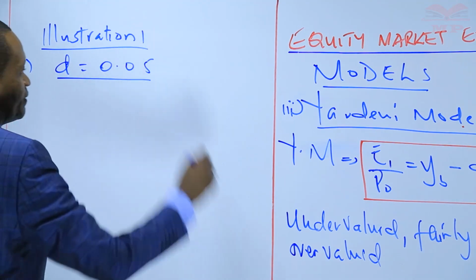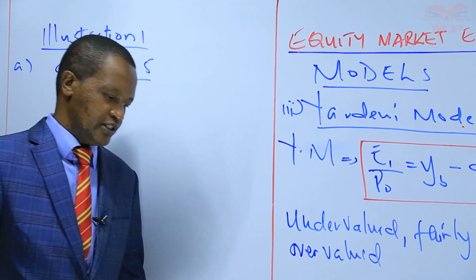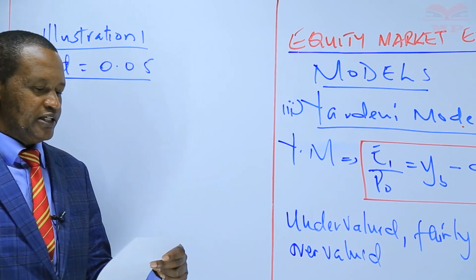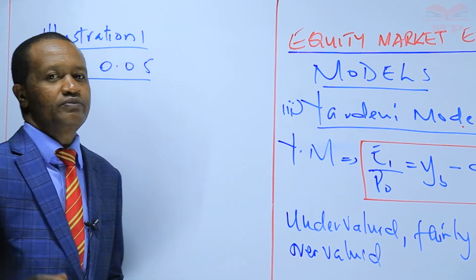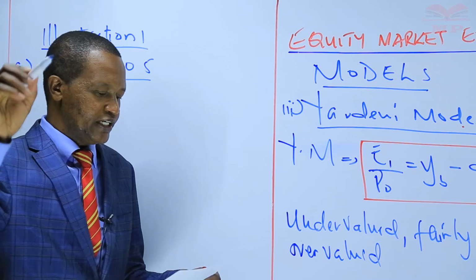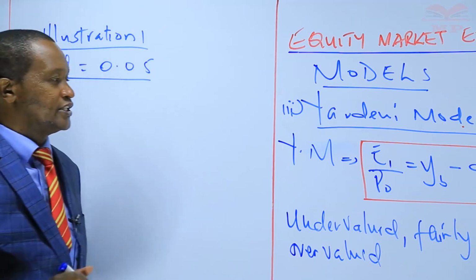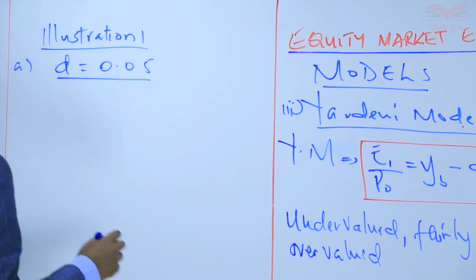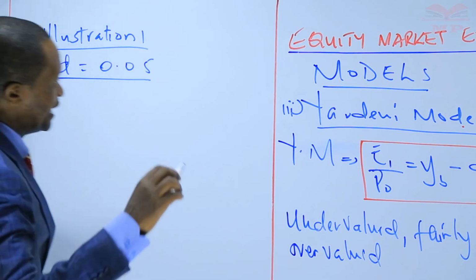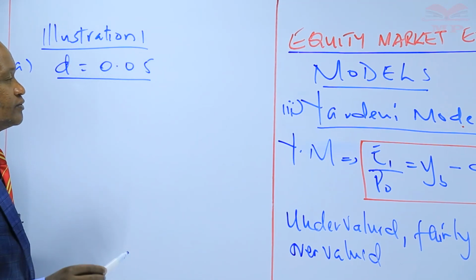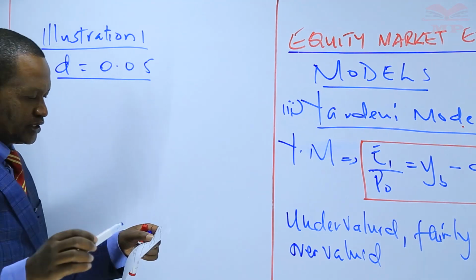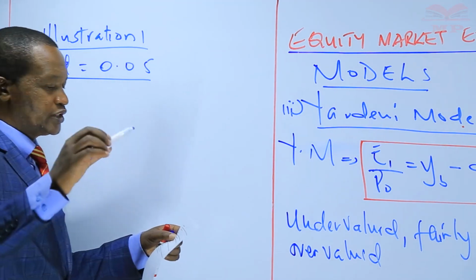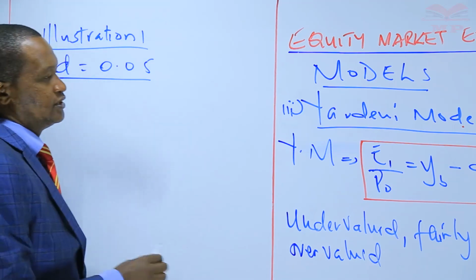What will be the earnings yield using the Yardeni model? That is the question. Then we will calculate the earnings yield when D is 0.1, using Yardeni model.